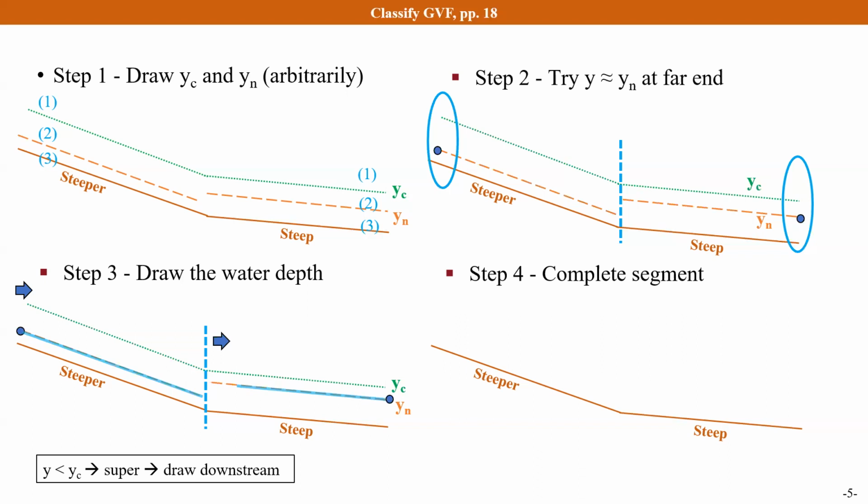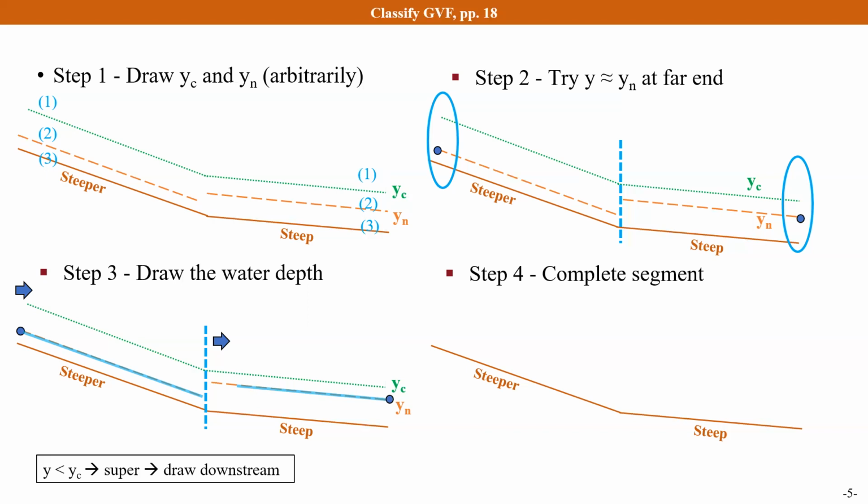Because we know that the blue dot here, which represents y, is lower than the critical depth, therefore there is a supercritical flow. Similarly, in a steep channel, the green dot is also lower than y sub c. Therefore, it's also a supercritical flow.